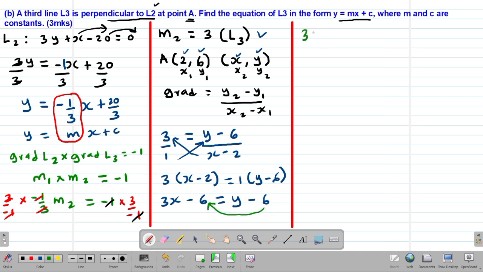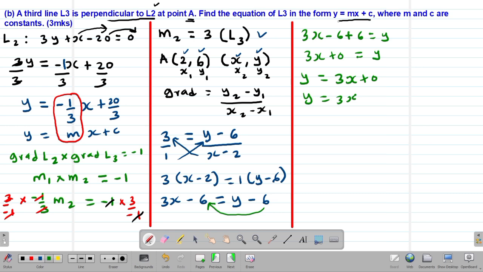So I'll end up with 3x, then minus 6. Of course, when negative 6 crosses the equal sign, it becomes a positive 6 being equal to y. Therefore 3x plus 0 is equal to y. Therefore the equation will be y is equal to 3x plus 0, which can just be written as y is equal to 3x.